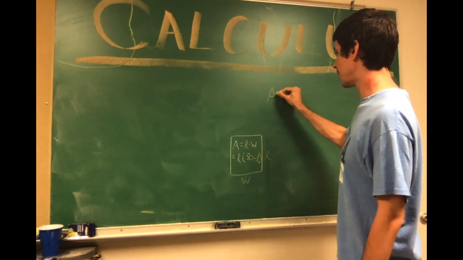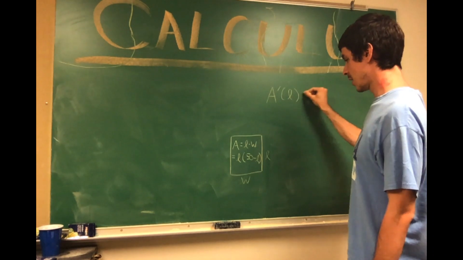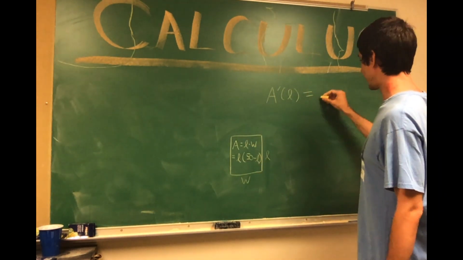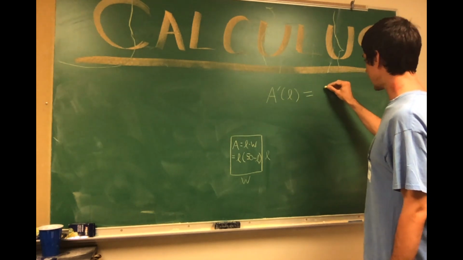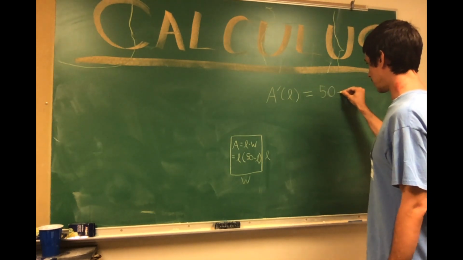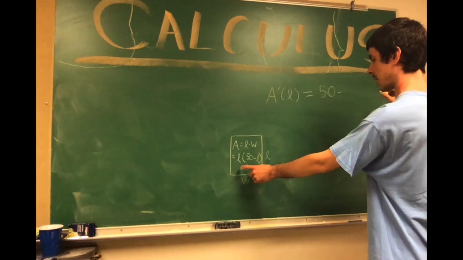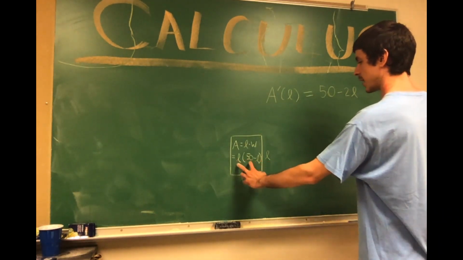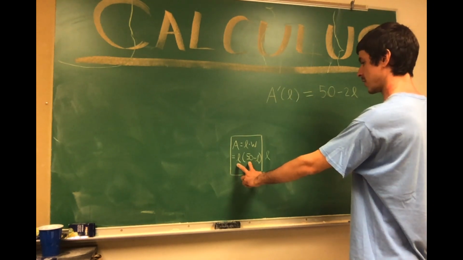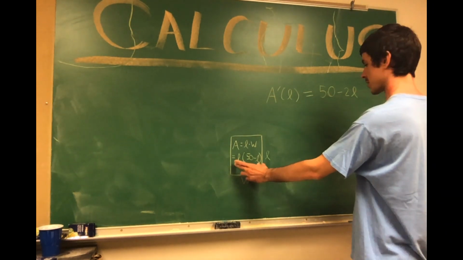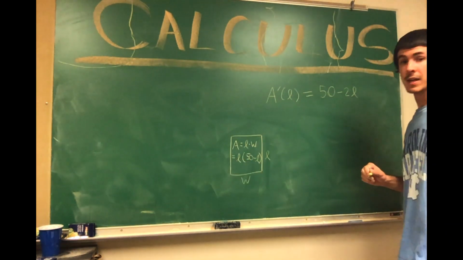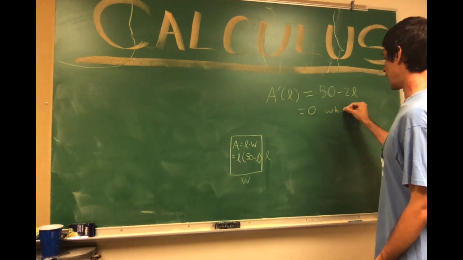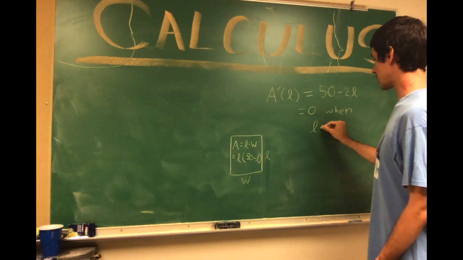So A prime of L equals, taking the derivative, 50 minus 2L, right? Because L times 50 has derivative 50, and then this is negative L squared, so negative 2L. And this equals 0 when L equals 25.